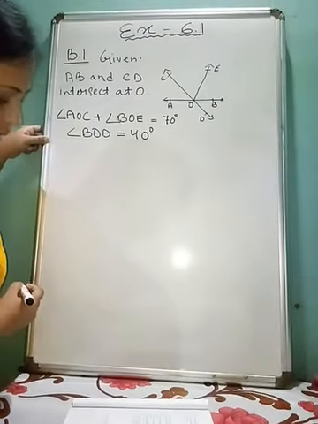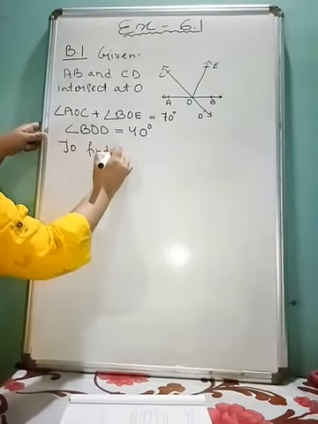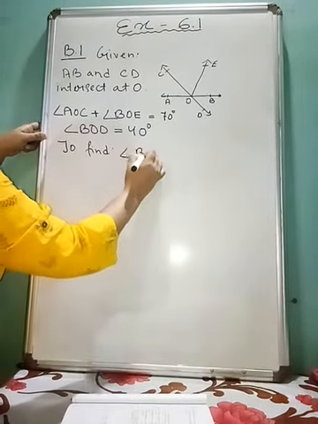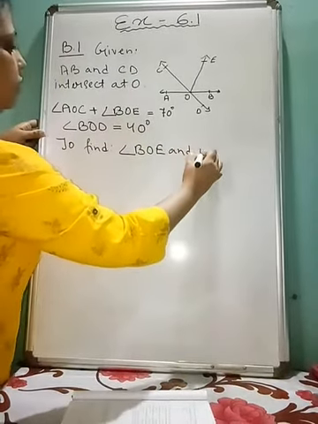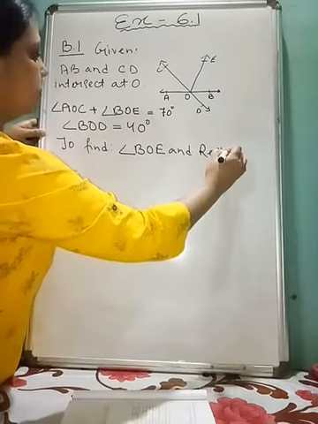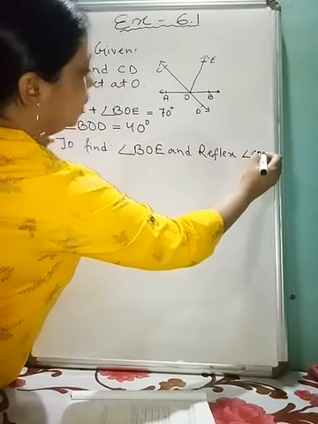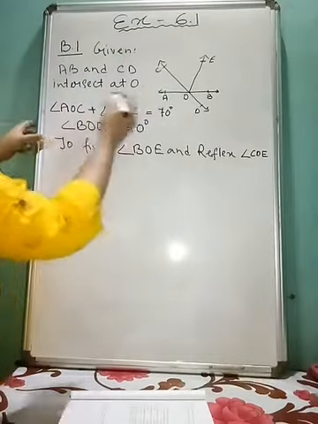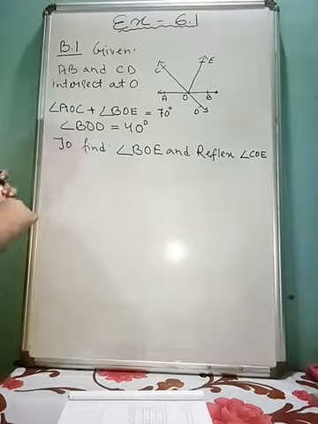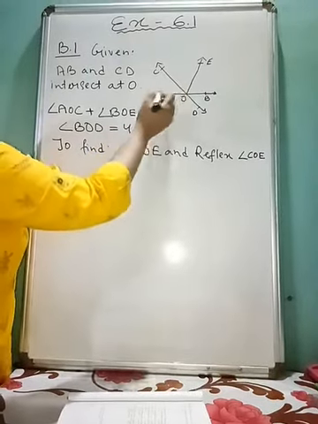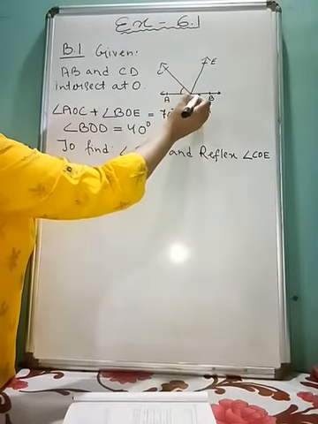We are asked to find BOE, so we will write here, to find angle BOE and reflex angle COE. So this is what we are asked to find from this figure. Since AB and CD are intersecting each other, the vertically opposite angles are equal.